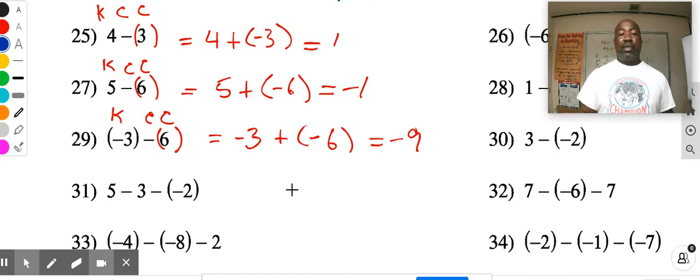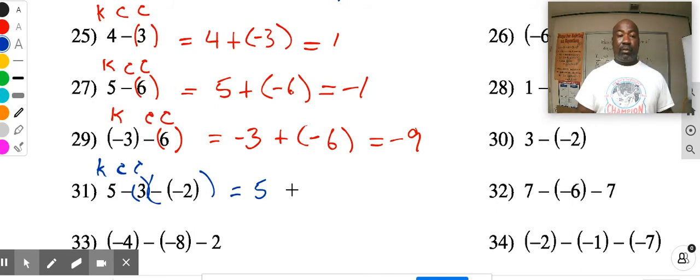So what you do right here, you're going to separate this into two different problems. Now this right here, you're going to say keep, change, change. Remember, as I shared with you, that this right here is a positive. So when you rewrite this, you're going to have 5, right? And you're going to change the sign right here to what? To an addition. And you're going to change this to negative 3.